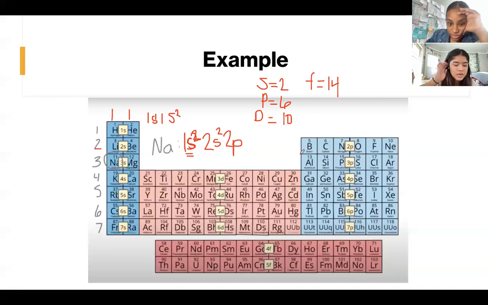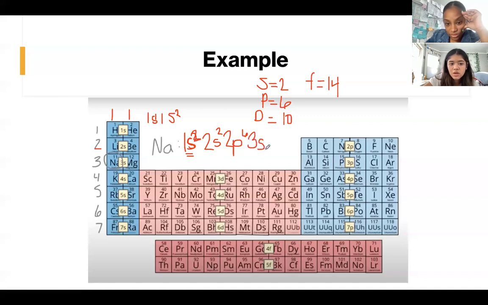Okay, so we did those two, 1s2, 2s2, 2p6, because it's 2p6. And then because sodium is right there, would it be 3s?